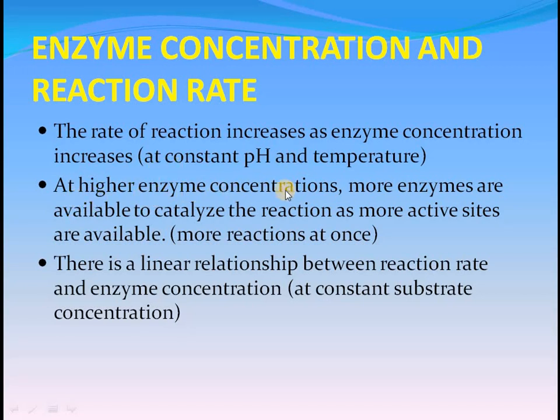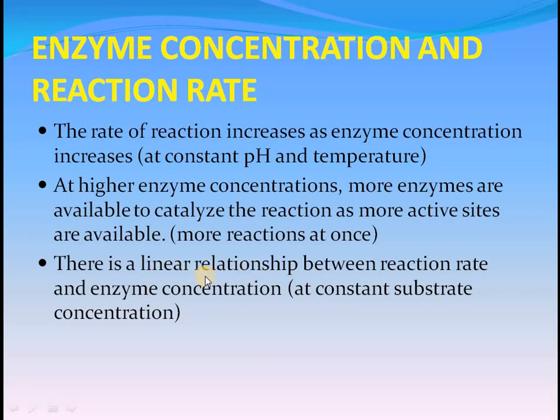At higher enzyme concentration, more enzymes are available to catalyze the reaction, as more active sites are available. More reactions happen at once. There is a linear relationship between reaction rate and enzyme concentration. When we draw the graph, we will get a linear relationship.